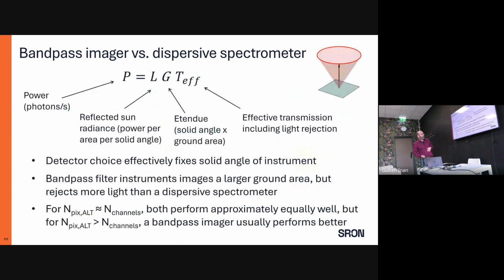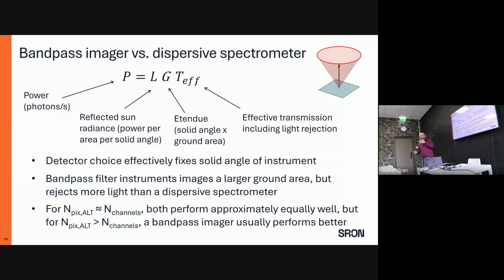If I now look a little bit further, there's only a limited number of choices we have for space qualified detectors. Usually we choose a detector, and that approximately fixes your aperture. And then if I compare bandpass imager against the grating spectrometer, you could say, well, the bandpass imager is much better because it images a big area on ground, while the dispersive spectrometer only scans the stripe.